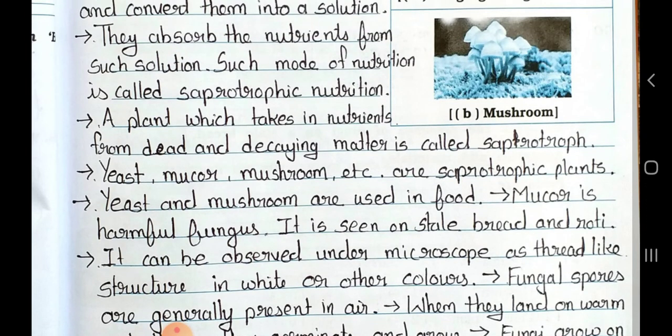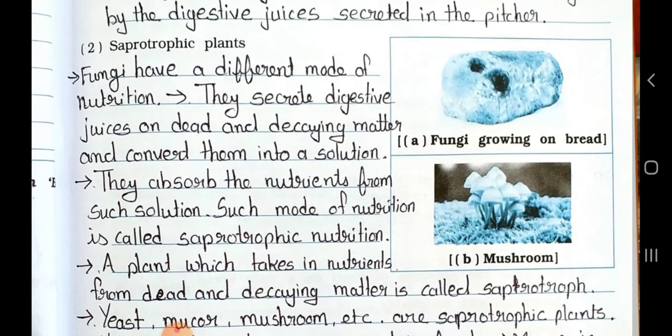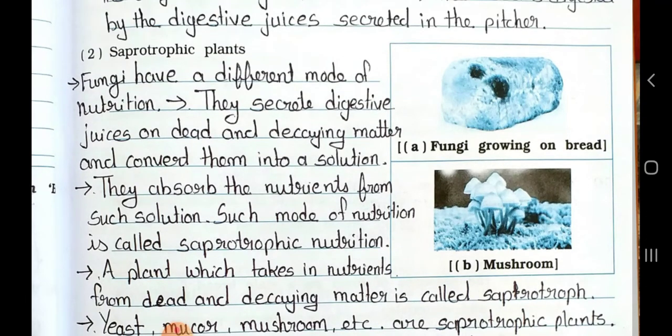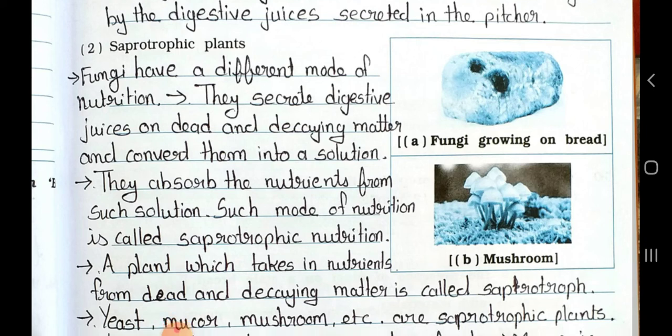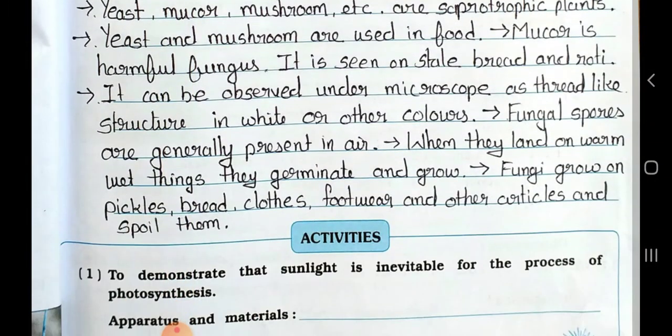This mode of nutrition is known as saprotropic nutrition. Examples are fungi growing on bread, and mushrooms are also saprotropic plants. Whenever we see fungi on bread or clothes in the monsoon season, sometimes we also see fungi on wet clothes. That's also a saprotropic plant.